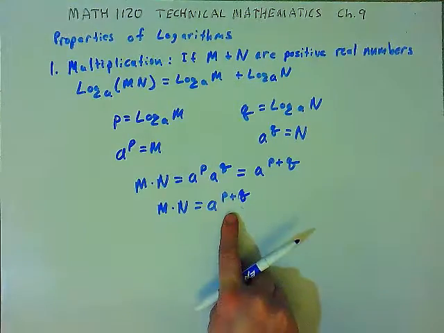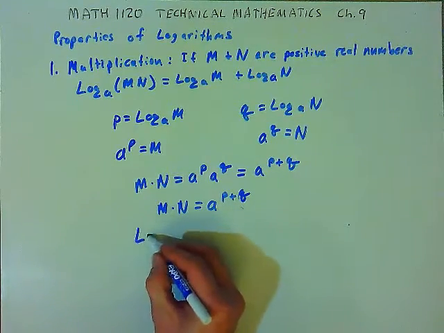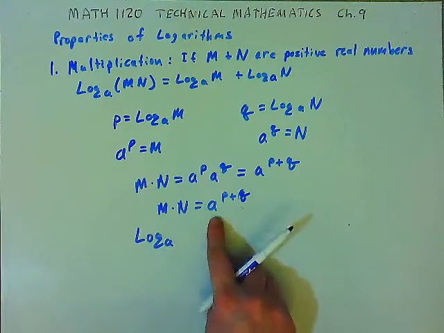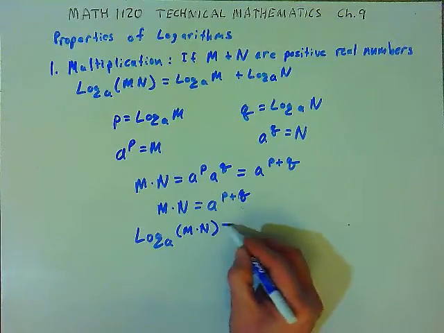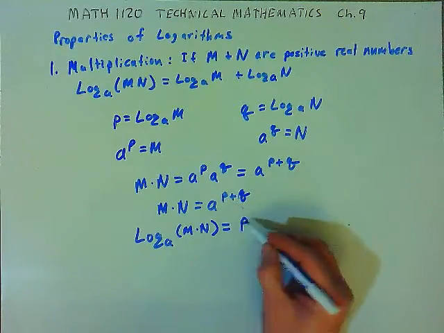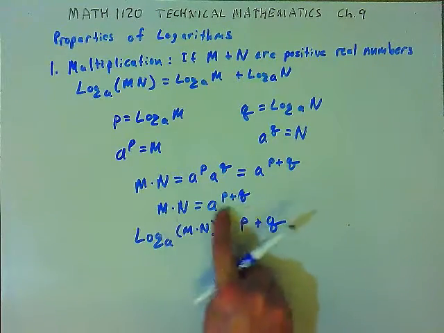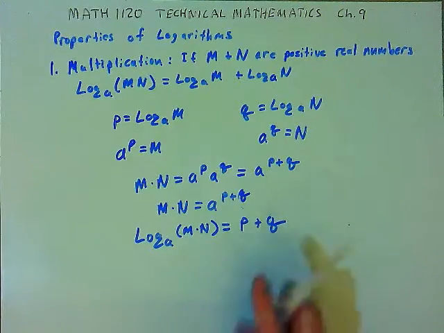Right, so I have an exponential form of an equation. I can rewrite this as a logarithm. The logarithmic form says that the log base a, right, that's the base, of m times n is equal to the exponent, p plus q. Right, so now I've rewritten this exponential equation in a logarithmic form. And remember what p and q were originally.